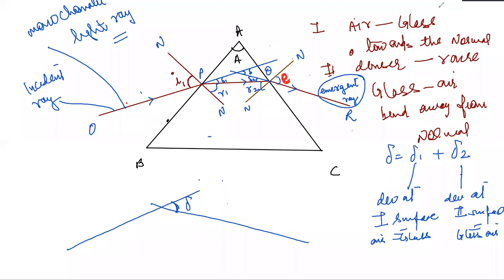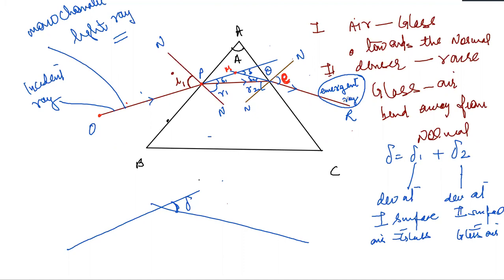At the first surface AB of the prism, the ray OP, instead of going along OPM, has bent. This path is OPM. That was going like this, but it bends towards MQR.